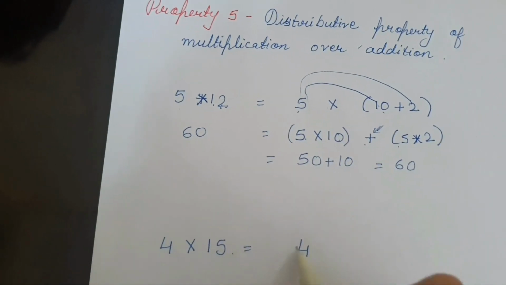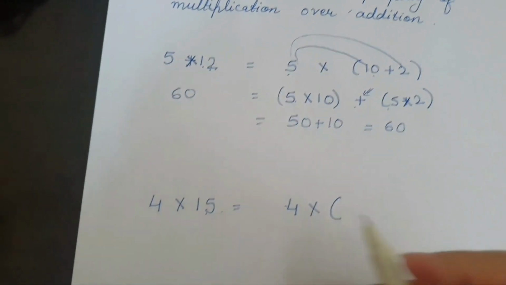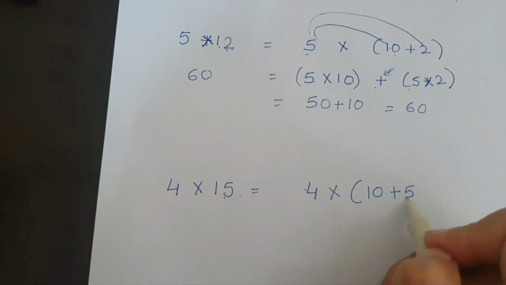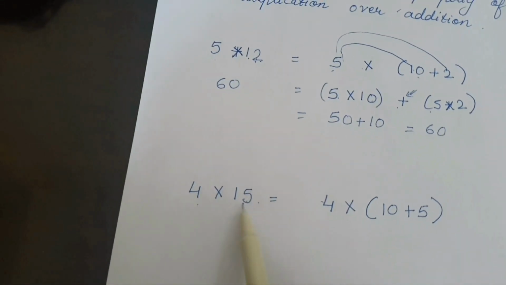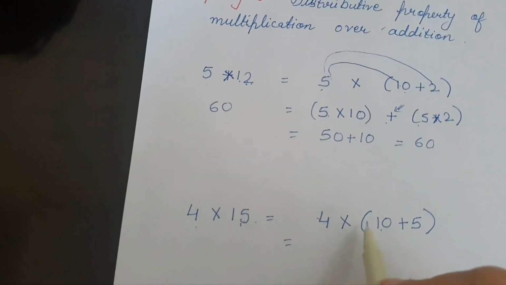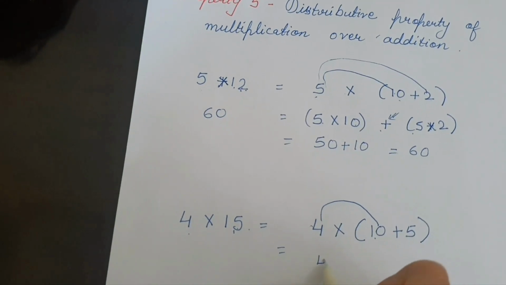4 multiplied by 15. The expanded form of 15 we'll write. That means 10 plus 5. Again 4 multiplied by 15. Expanded form of 15 is 10 plus 5. Now after that again 4 first we'll multiply it with 10.